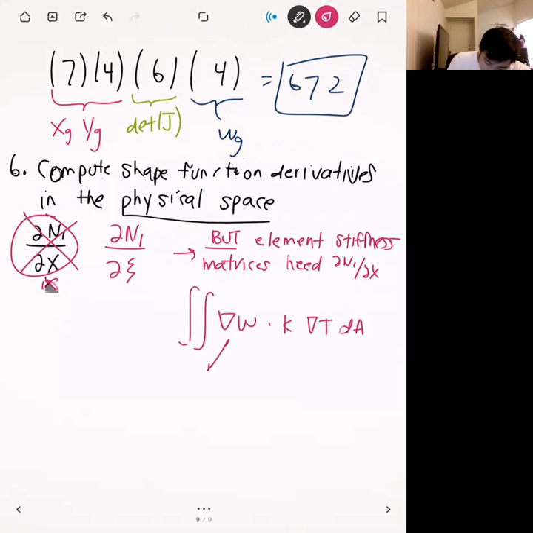This gradient of W right here is simply going to be, and this gradient operator is taking derivatives in the physical space.